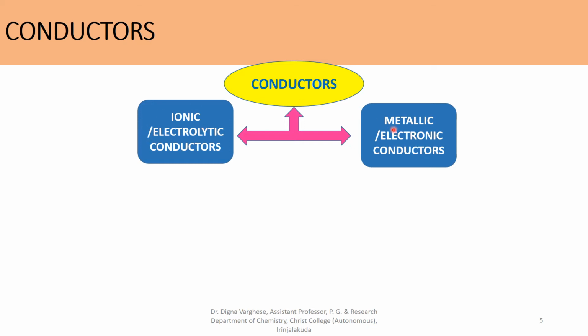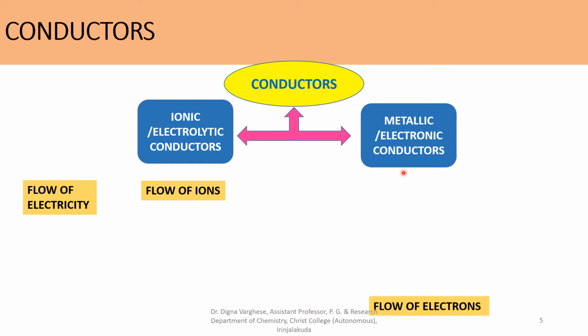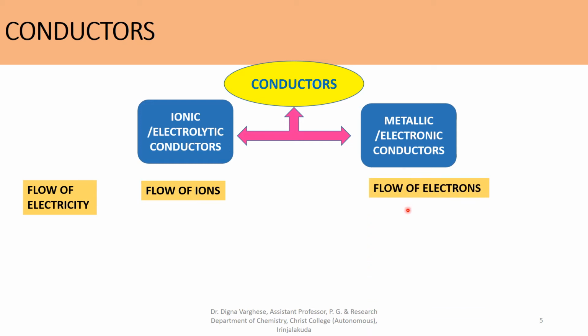The main differences between ionic and metallic conductors are given here. First one is, what about the flow of electricity? In an ionic conductor, the flow of electricity is by the flow of ions. In metallic conductors, it is by the flow of electrons.